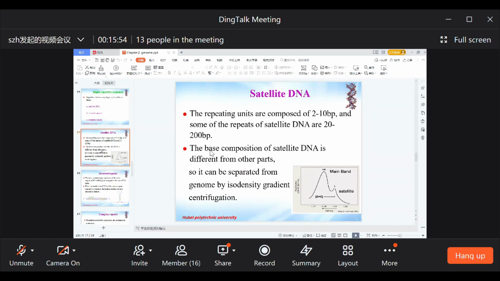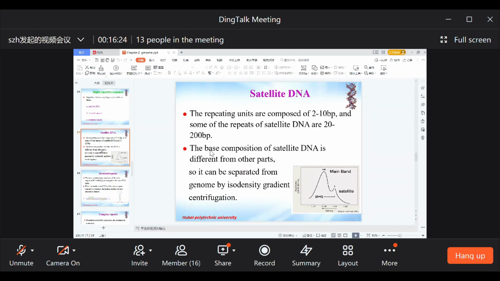This kind of genome, through isodensity gradient centrifugation, at that time the satellite DNA, because it is different from the other parts of the DNA, can be separated from them. Beside the main band it forms the satellite band.